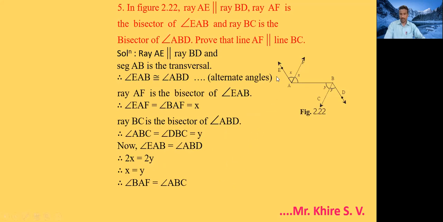And therefore, angle BAF is equal to angle ABC. Since we have proved that x is equal to y, if x and y are congruent, these two are alternate angles. And therefore AF is parallel to BC.